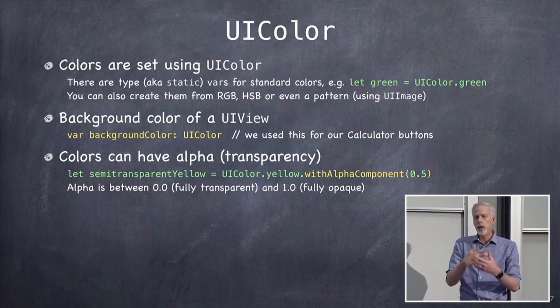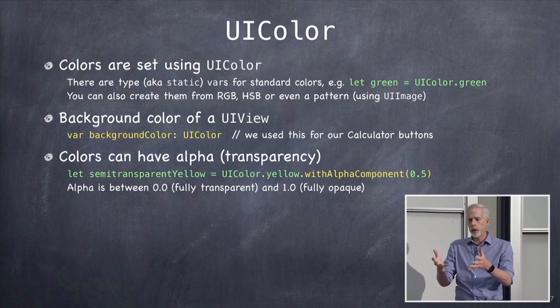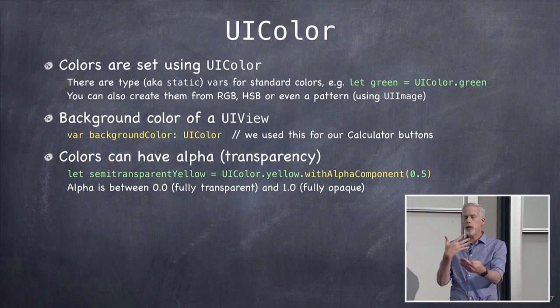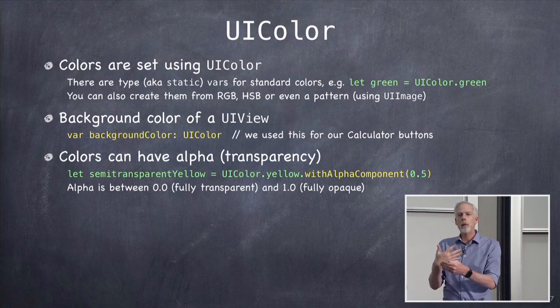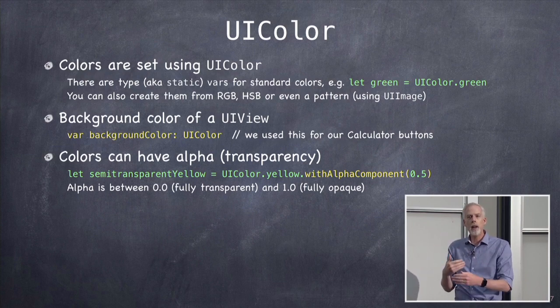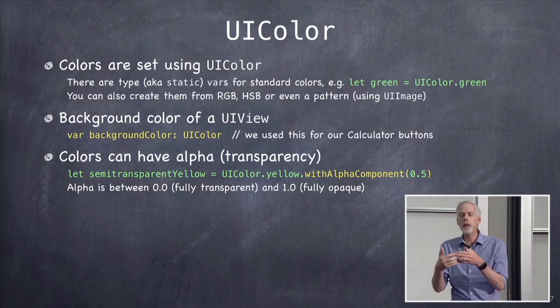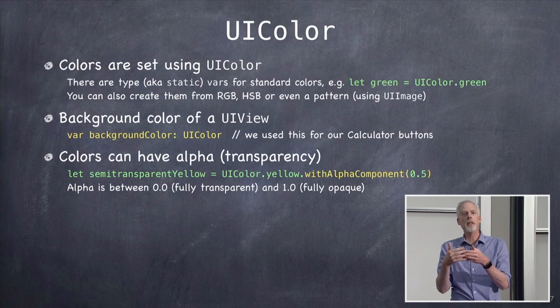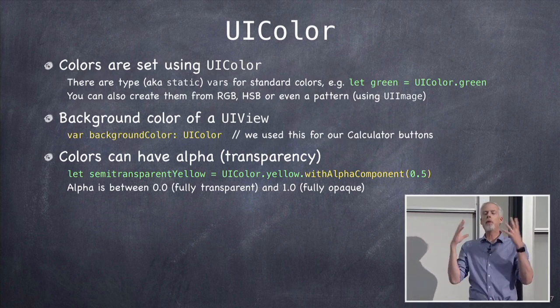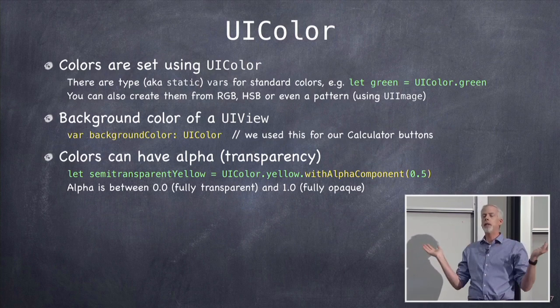So if you have a triangle and you fill it with green, then if it's fully opaque, you can't see anything behind that triangle. But if it were 0.5 alpha, then you'd be able to see the green, but you'd also be able to see things behind it a little bit, 50% kind of. Okay? If it was 0, you wouldn't see any green because it would be fully transparent. You'd be looking all the way through it, so you wouldn't see any green.